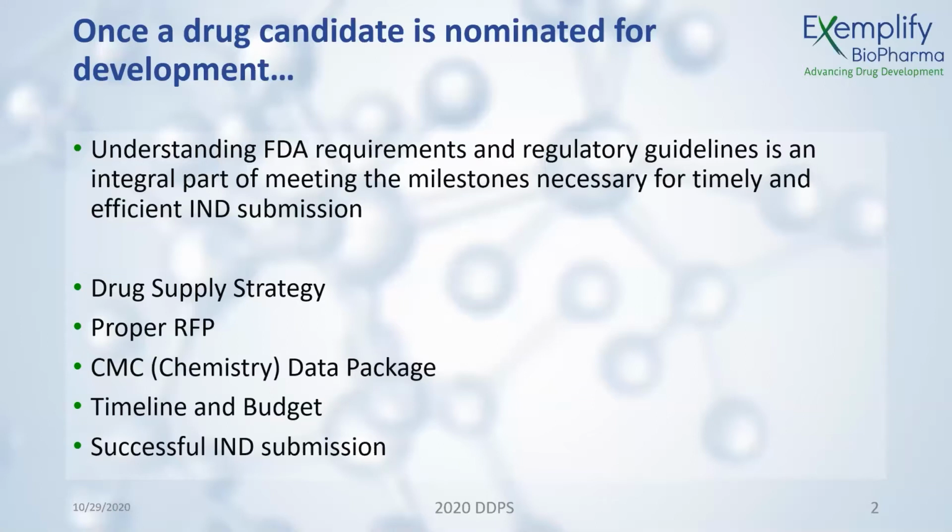Whether you develop this asset in-house or hand it over to another company, what is the time and budget to get to the IND stage? It really helps you understand the pathway and the plan for successful IND submission.